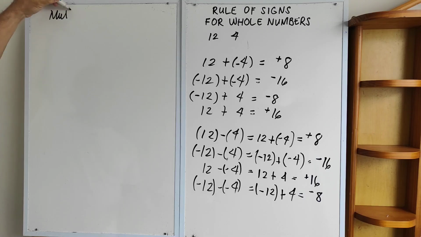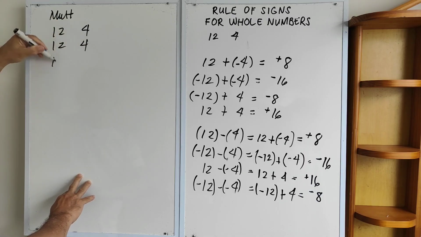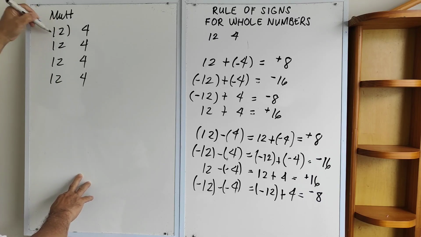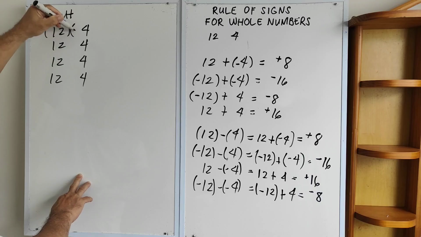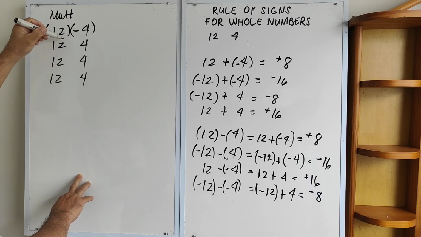Multiplication. So we just put 12 and 4, 12 and 4, 12 and 4, 12 and 4. Then we assign the negative signs. Let's say this is negative on the second term. Let's say these are both negative.